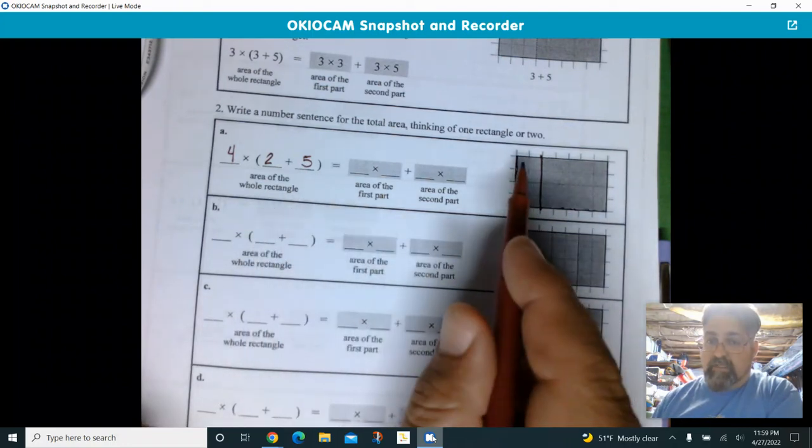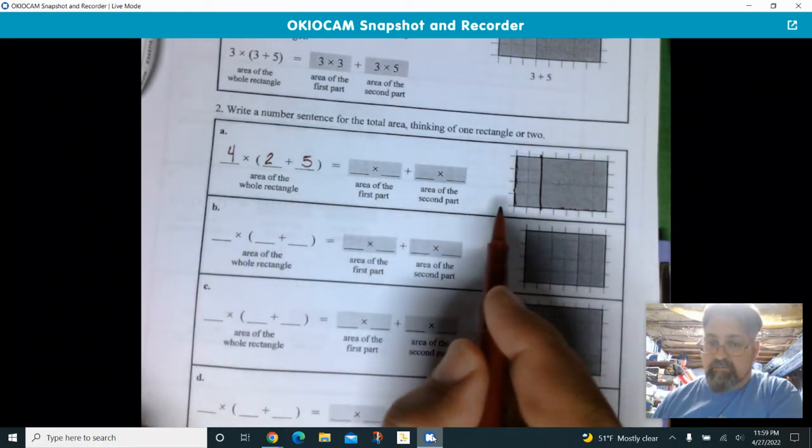So the area of our first part is 4 times 2. Do we agree?